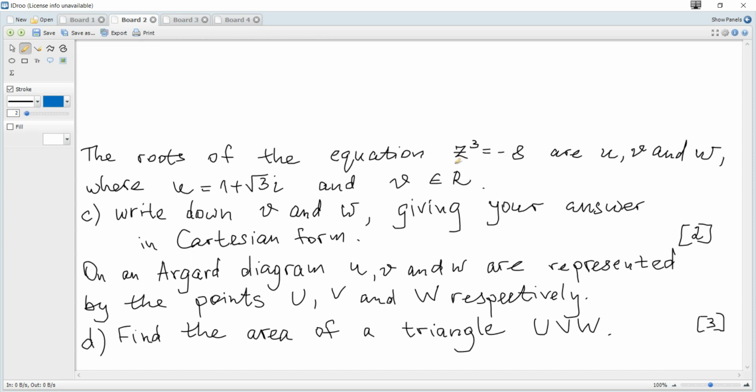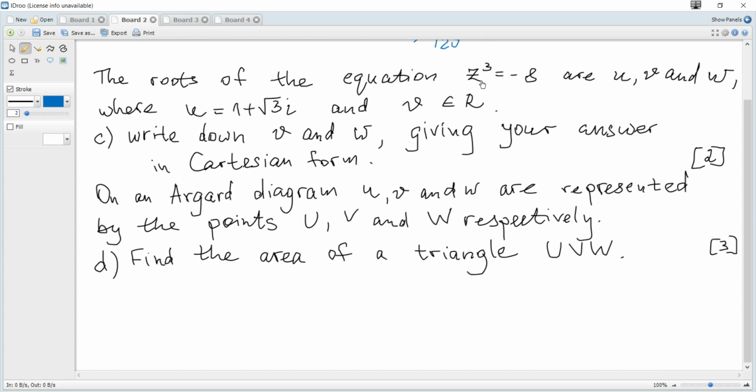So what should we know about roots of an equation with complex numbers? If it's z cubed, there are 3 roots in total, and all 3 roots are equally spaced. What does it mean? It means that 360 divided by 3 is 120, so there are 120 degrees between any consecutive roots.